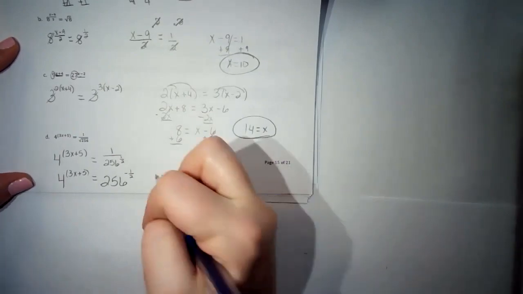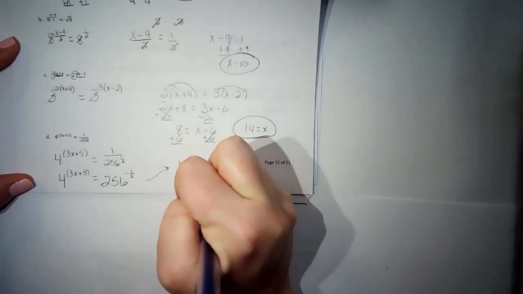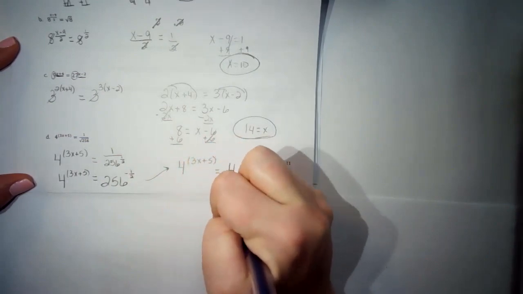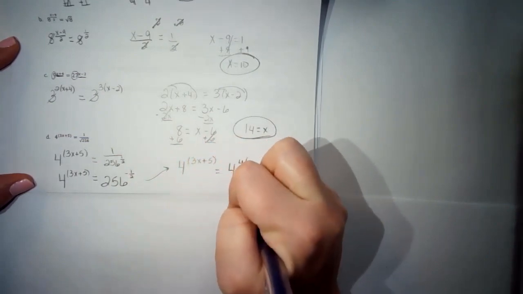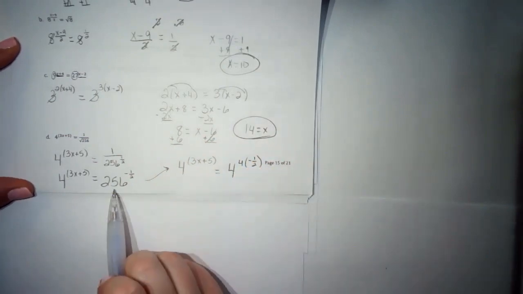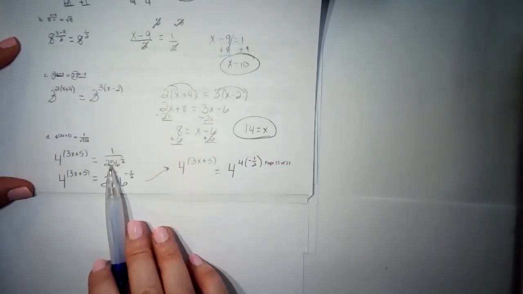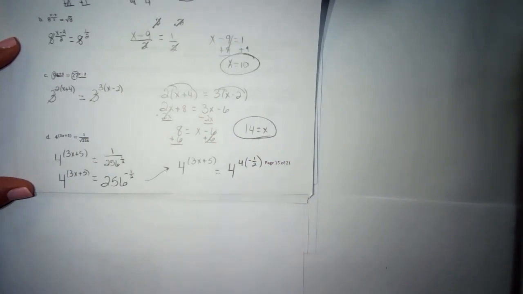So I can make 256 into 4 to the fourth. But it still has that little negative 1/2 hanging around, because 256 is 4 to the fourth. It's kind of like the same thing that we did here, where you're going to have an extra exponent out there.